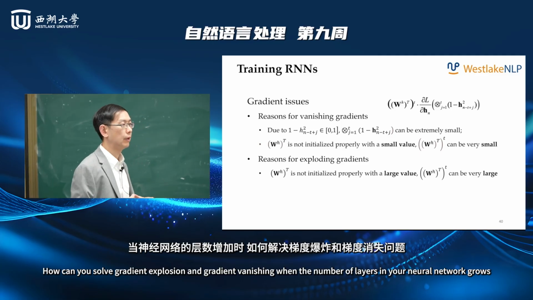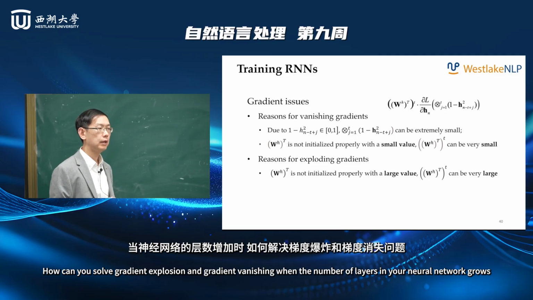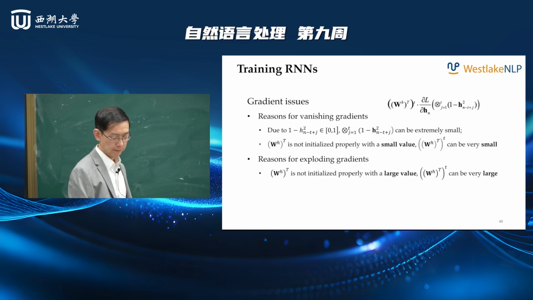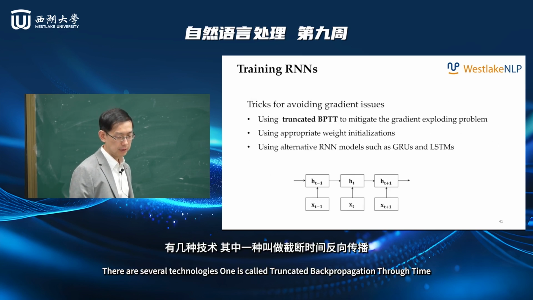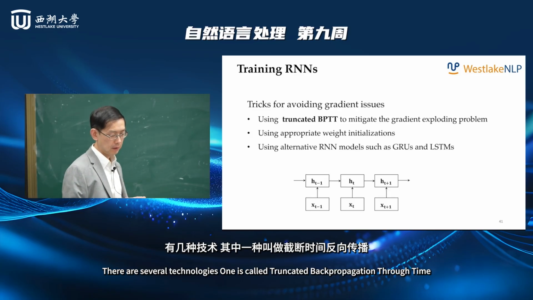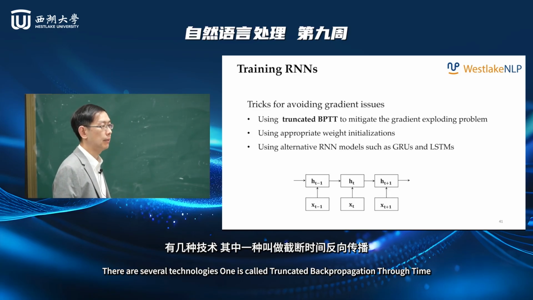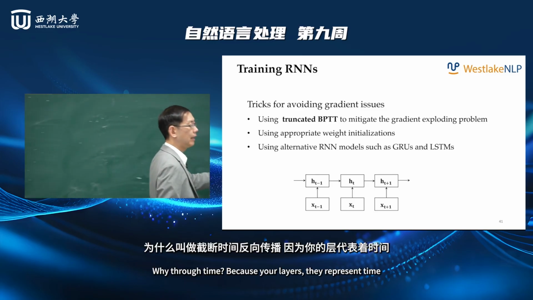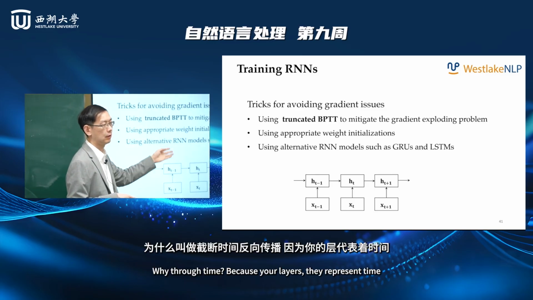How can you solve gradient explosion and gradient diminishing when the number of layers of your neural network grows? There are several technologies. One is called truncated backpropagation through time. Why through time? Because your layers represent time, right?